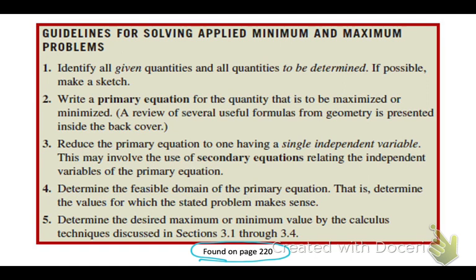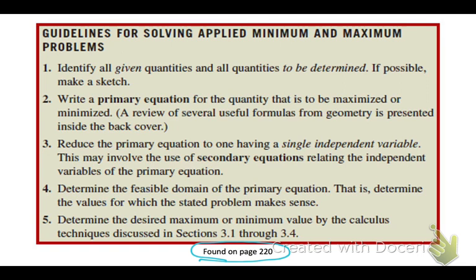I usually do 3 first, the secondary equation, because that's what I have numbers for. Does it matter really which one, 2 or 3, comes first? No. The primary equation is what you're going to be maximizing, that you'll be taking the derivative of. The secondary equation is going to help you get it down to one variable.